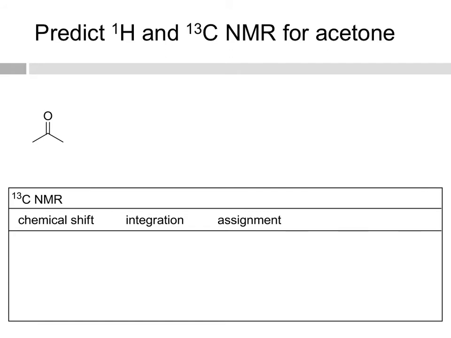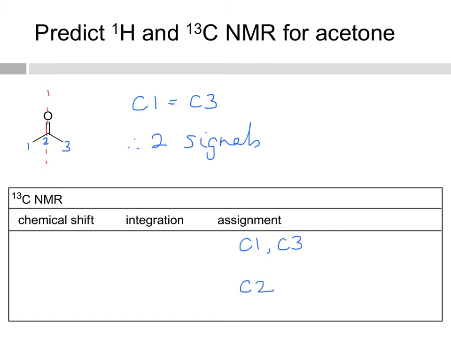Let's do the same thing for the carbon NMR. We already said that we had a plane of symmetry down here, which means that if we label these carbons 1, 2, and 3, carbon 1 is equivalent to carbon 3, and we will expect a total of 2 signals. So we know that carbon 1 and carbon 3 are going to be the same, and we should have a separate signal for carbon 2.